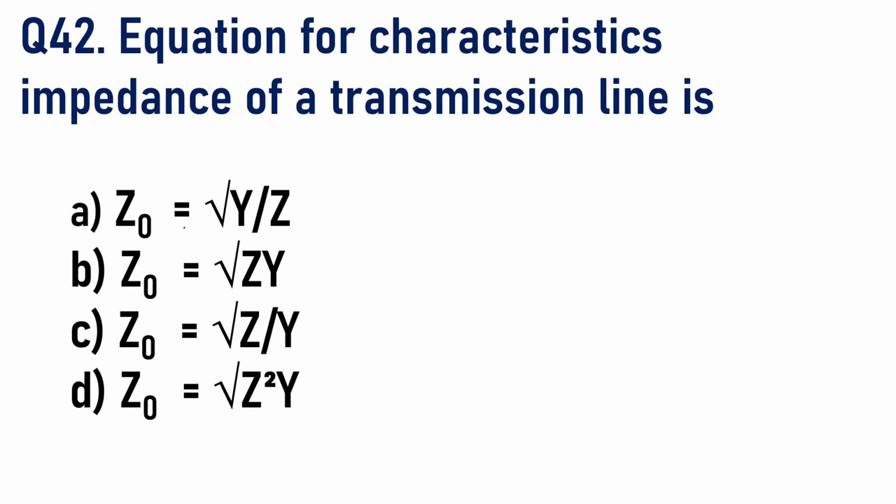Now, if you go to see what is a characteristic impedance, then a characteristic impedance is defined as the impedance looking into an infinite length of line. Its unit is ohm, and in this infinite line, no reflection occurs.